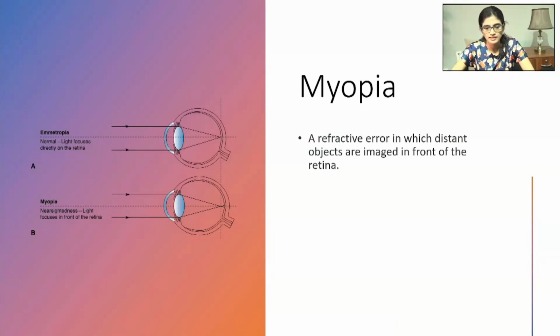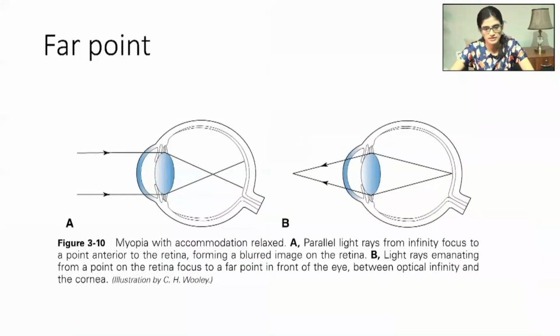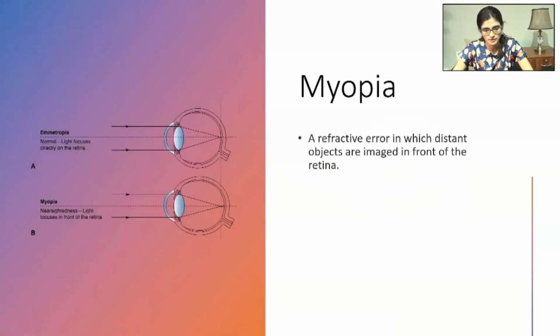It can be, like we said, a refractive problem or an axial length problem. Axial length means the eye is longer than normal. Normally it is about 24 millimeters from the cornea to the back of the eye, but in these patients it can be 26 or 27 millimeters, longer. So the refractive elements don't match the axial length of the eye.